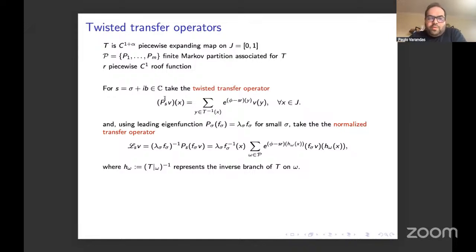So we consider the twisted transfer operator, which is just the classical transfer operator, where here you introduce a complex parameter s. So you discount s times the roof function, and you take these twisted transfer operators and you normalize them. For s equals 0, this is the usual transfer operator, and you know how to normalize it.